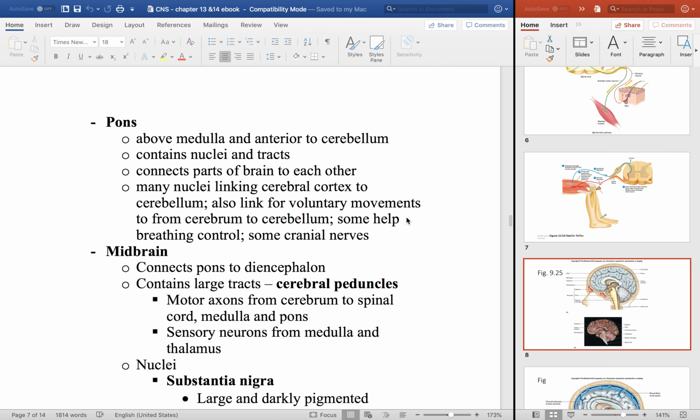Then you have the pons, which is right next to the medulla, going superiorly above that, and it's anterior to the cerebellum, so it's in front of the cerebellum. It contains nuclei and tracts also. But when you think about what it's doing, think about it connecting the tracts that are going from the cerebral hemisphere into the cerebellum.